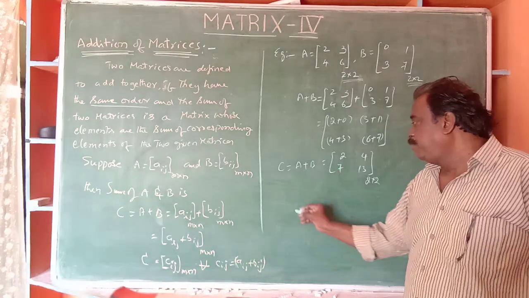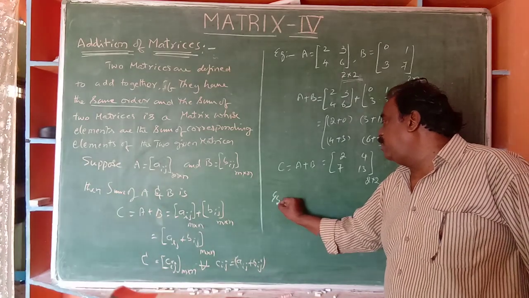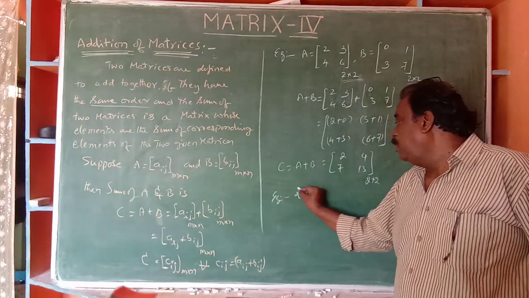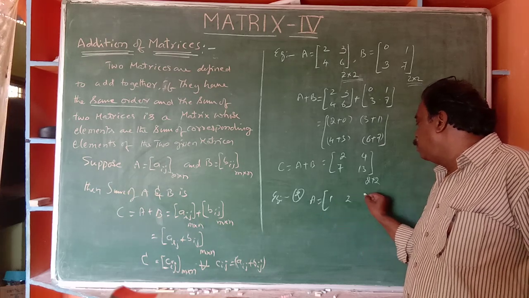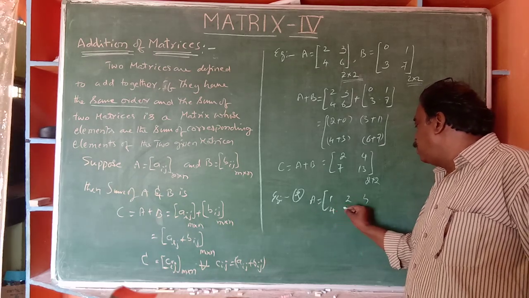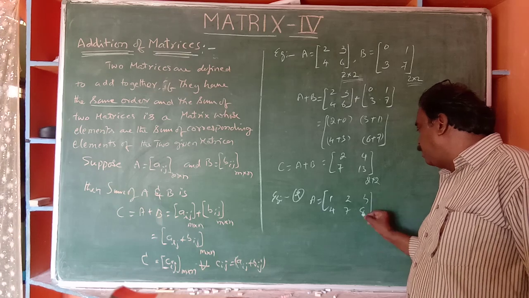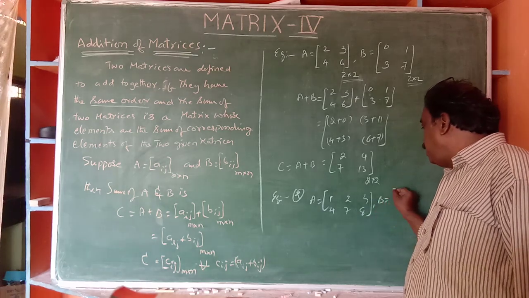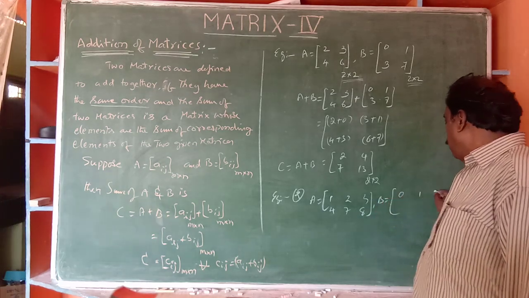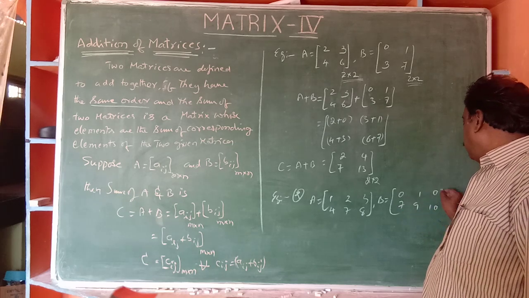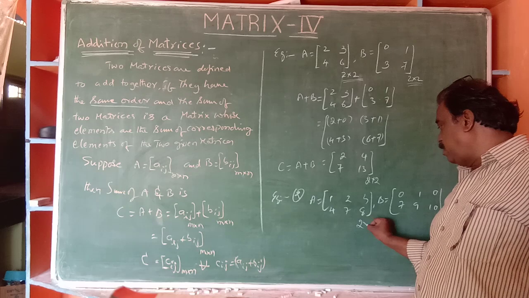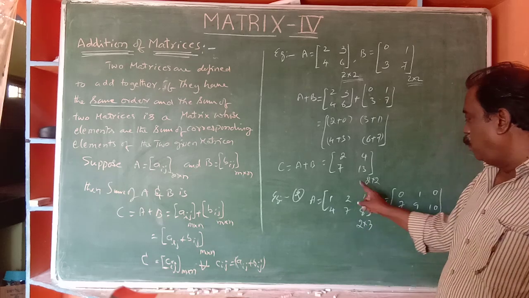Suppose one more example I will give. A is 1, 2, 3, 4, 7, 8, and B is 0, 1, 0, 7, 9, 10. Here it is 2 rows, 3 columns.